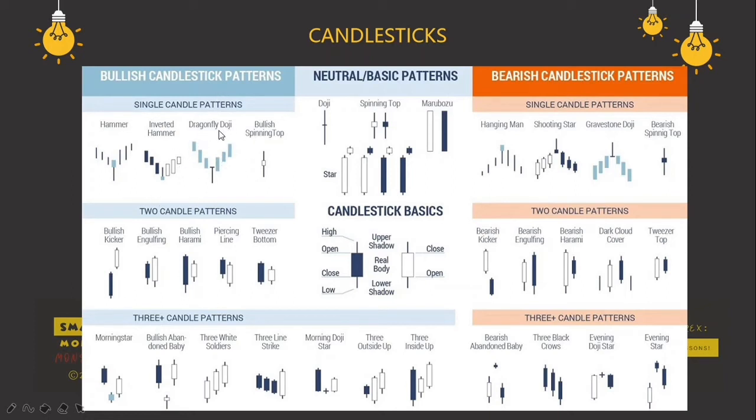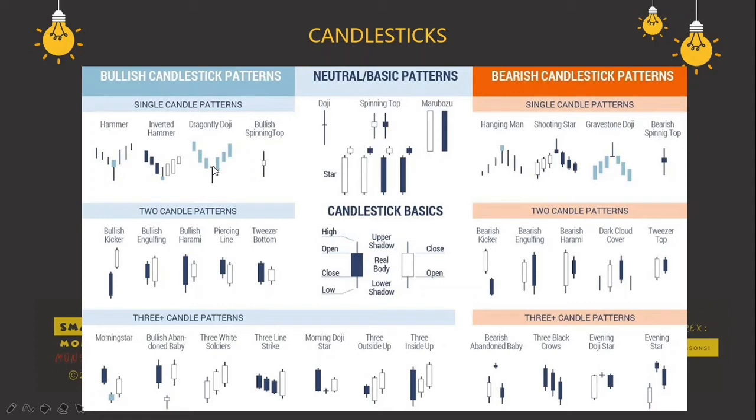Look at this dragonfly doji. It's almost like the hammer, but the only thing is that you don't even have a body, just a very tiny body. What led to that is price opened, came all the way down and made a low, went back up to the open and closed at the open.